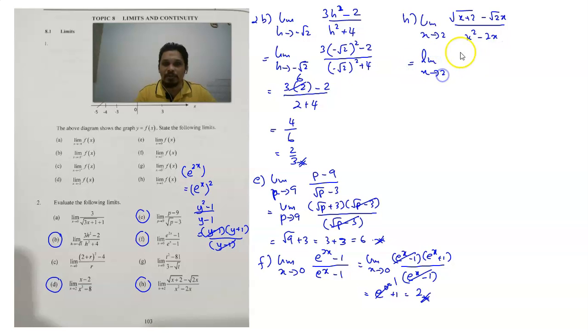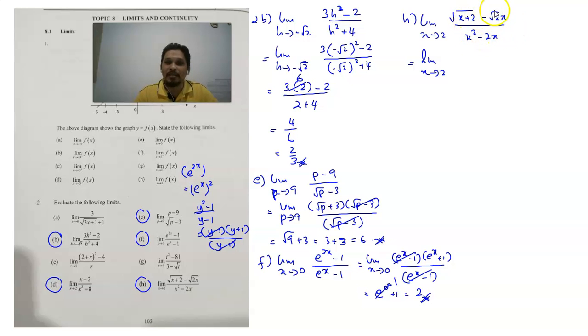Substitute x with 2: 2 plus 2 equals 4, square root of 4 equals 2. 2 times 2 equals 4, then square root of 4 equals 2, and 2 minus 2 equals 0. 2 squared equals 4, 2 times 2 equals 4, so 4 minus 4 equals 0.